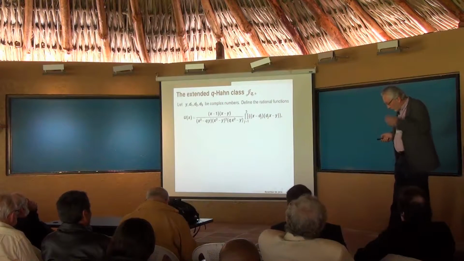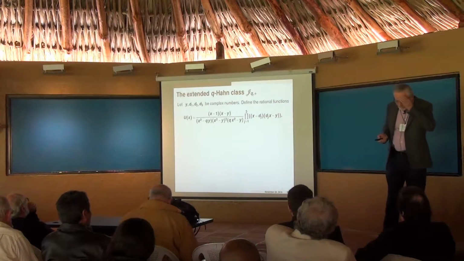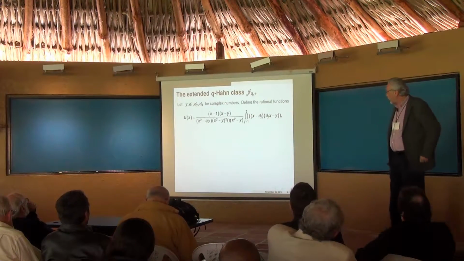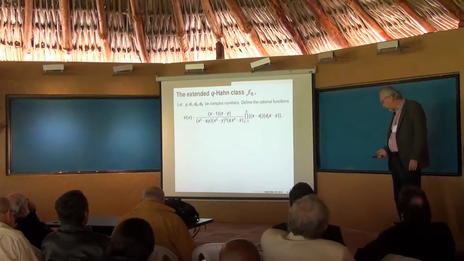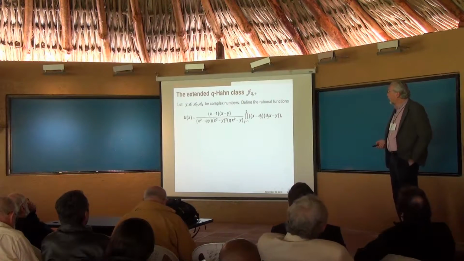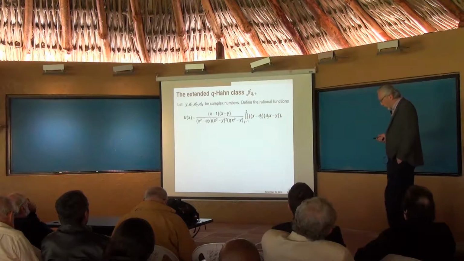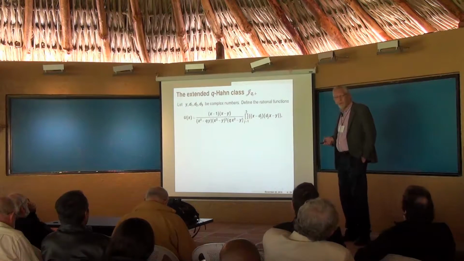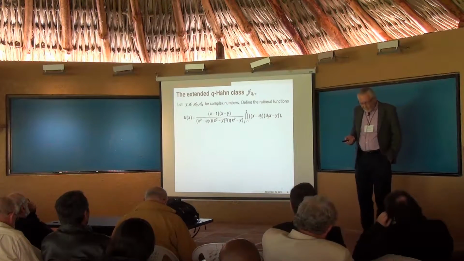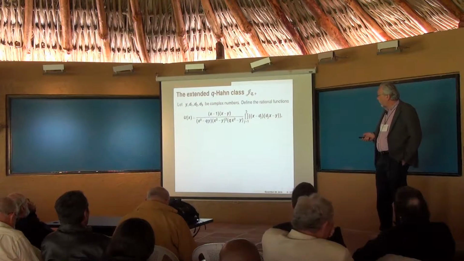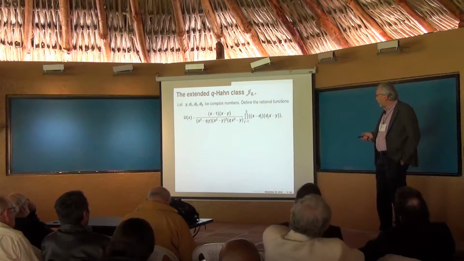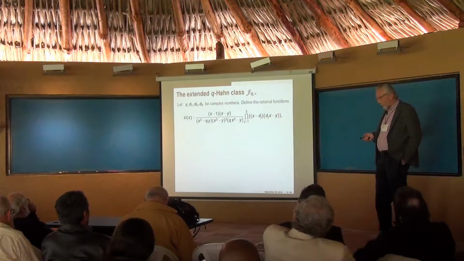The original way in which I found this family was using matrices, infinite matrices. And what I did is I found first explicit formulas for the initial terms in the recurrence relation.